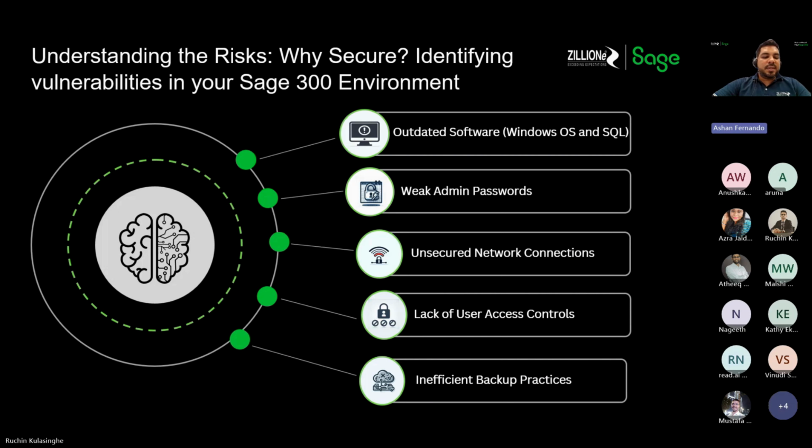Before we go to the technical steps, it is very important to understand that Sage 300 is a strong application, but if your environment is weak and not secure, your Sage 300 is also at risk. That's why we go through this webinar, to provide information on the vulnerabilities of an unsecured Sage environment. We will go through them one by one.